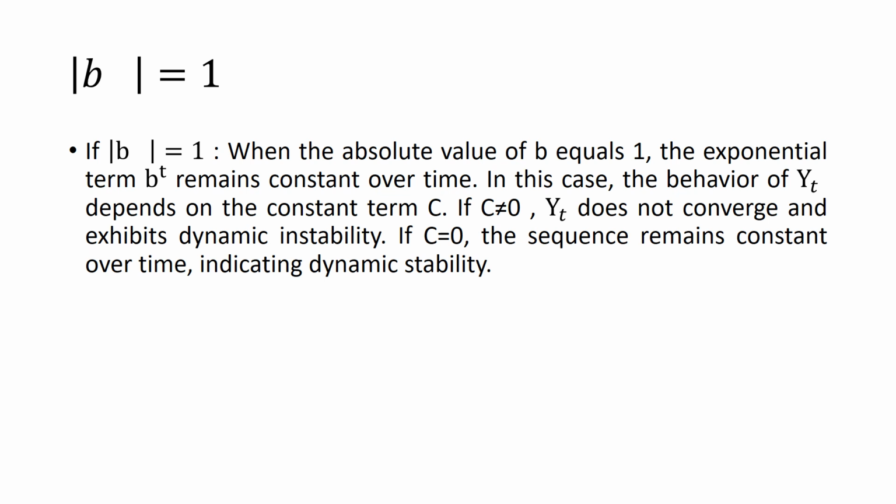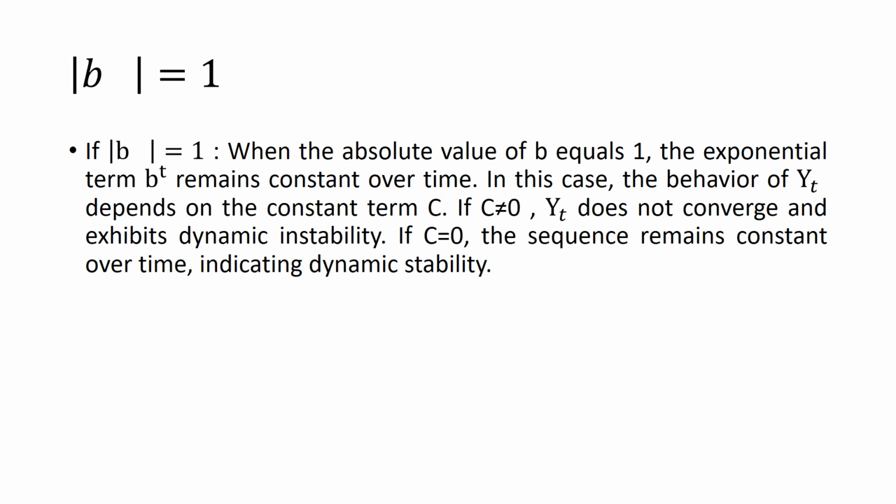What if the absolute value of b equals 1? Then the exponential term b to the power t remains constant over time. In this case, the behavior of yt depends on the constant term c.